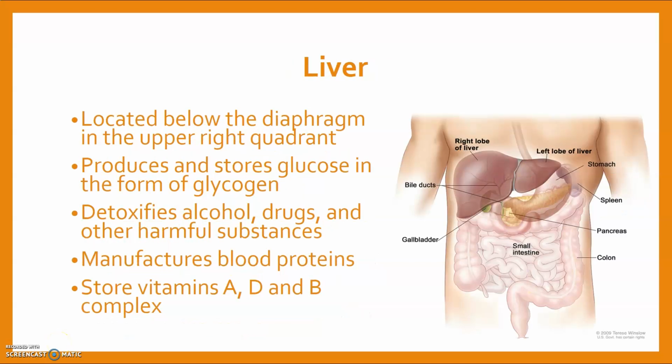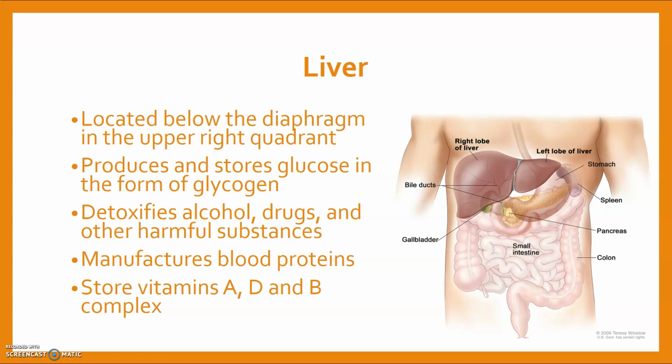The next accessory organ is called the liver, and the liver is located just below the diaphragm in the right upper quadrant. The liver has many important functions. It produces and stores glucose in the form of glycogen. It also helps to detoxify blood of harmful substances like alcohol and drugs.